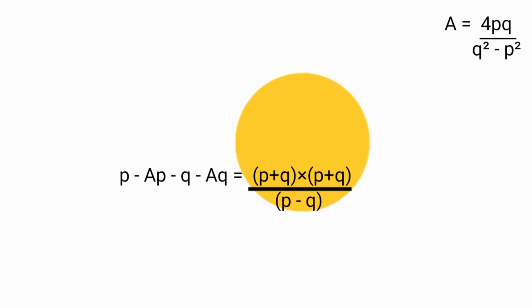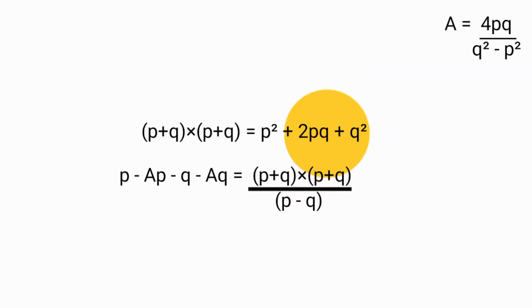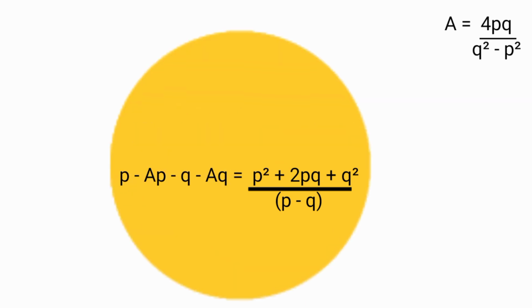Expanding (p plus q) times (p plus q): p times p is p squared, p times q is pq, plus q times p, which is also pq, plus q times q, which is q squared. So now it equals p squared plus pq plus pq plus q squared. pq plus pq is 2pq, so substituting here, p minus ap minus q minus aq equals (p squared plus 2pq plus q squared) all over p minus q.